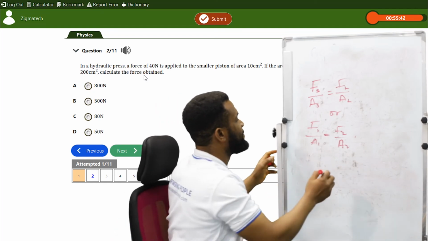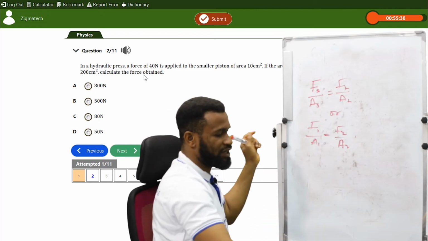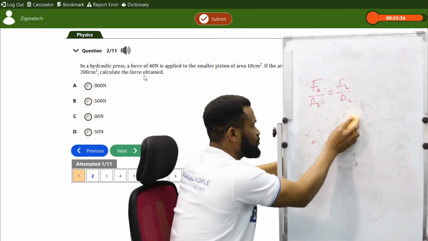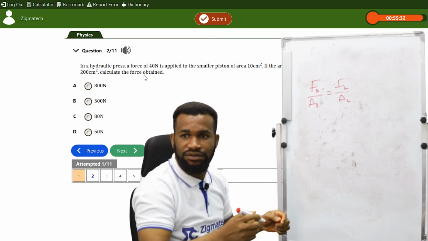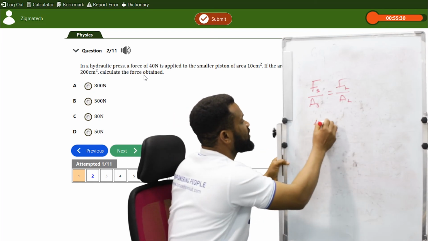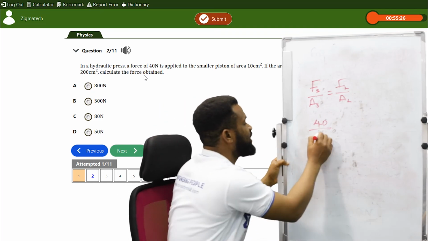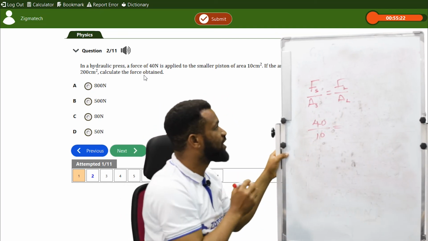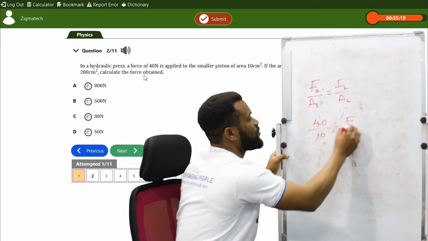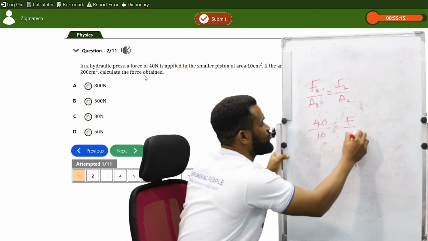All right. In this case, I'm going to use my favorite. So the small piston has 40 Newton and the area is 10 cm square. And the bigger one, I don't know, which is F, all over 200.